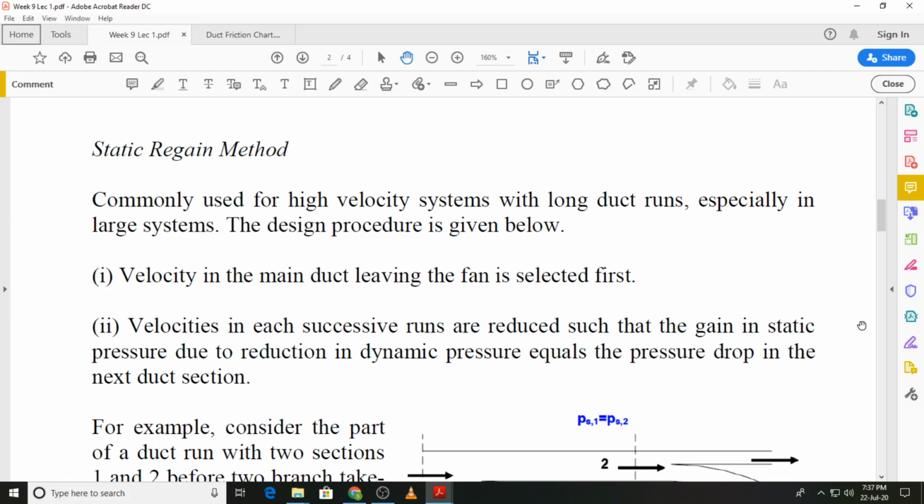That is, the rise in the static pressure should balance the pressure drop, and we will look at it schematically as well, and then I'll try to put some numbers to make sense of what is shown in the schematic diagram.